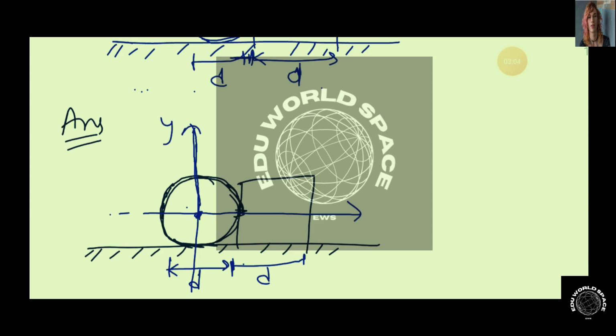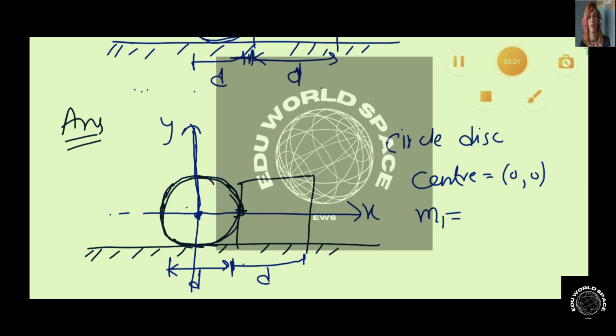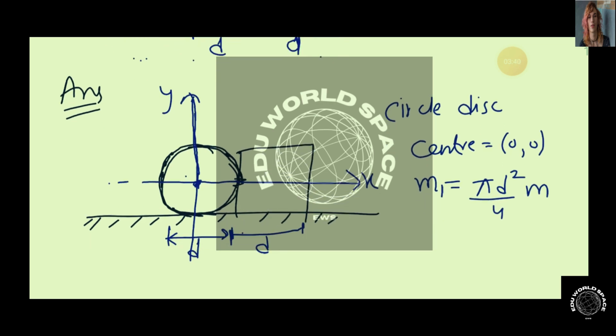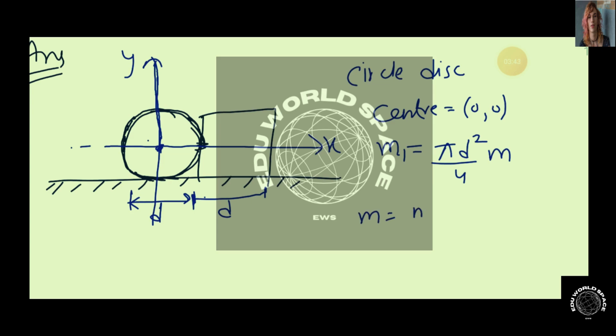For the circular disc, the center coordinate is the origin, that is 0, 0, and the mass is m1 equal to pi d square divided by 4 times m, where m is the mass per unit area.